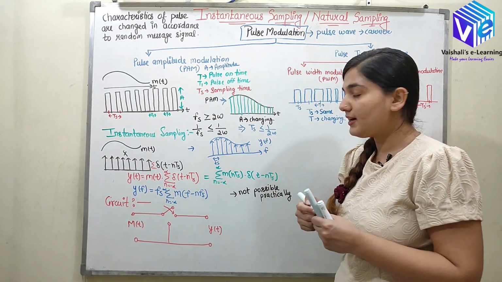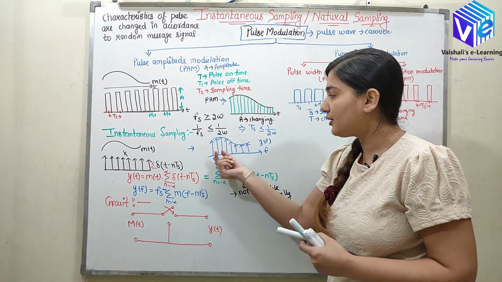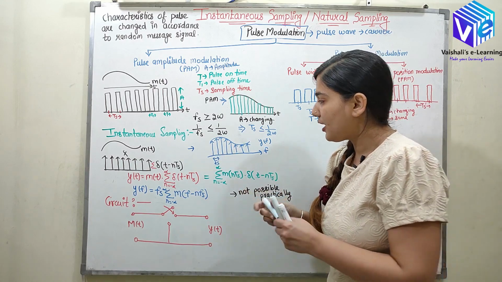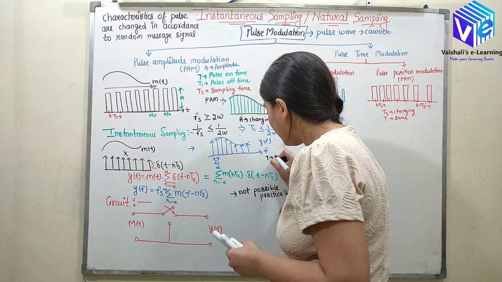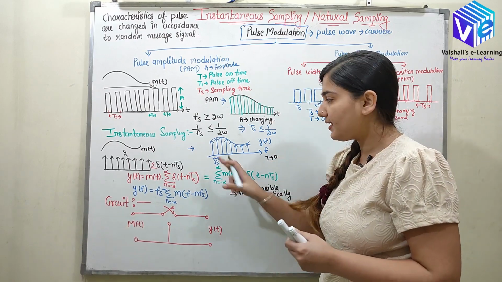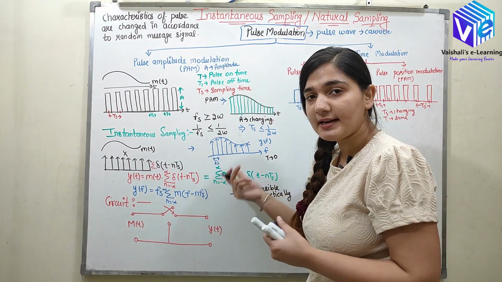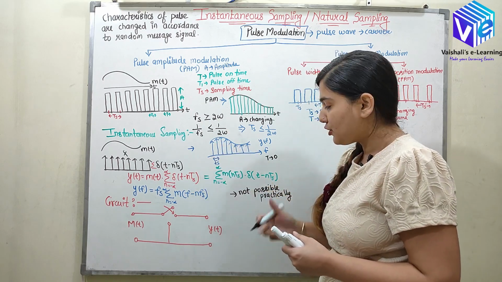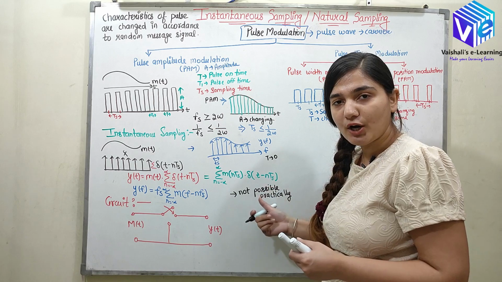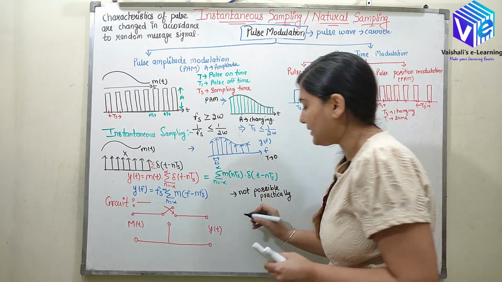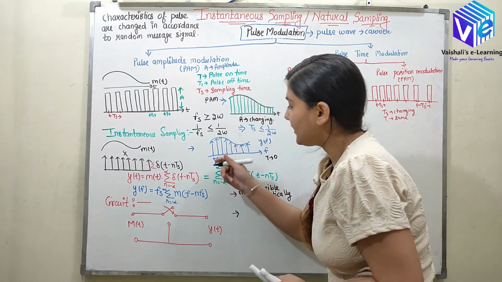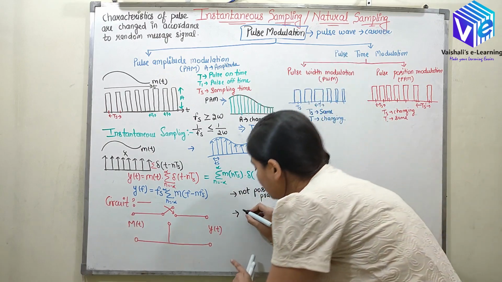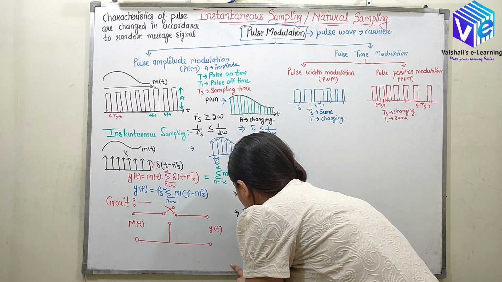From here you can see the duration of this impulse is tending to 0. So now t is tending to 0 here. You can see directly the width is tending to 0, then only the pulse will become the impulse. Because of this it is not possible to generate practically, and because it has 0 width the noise can interfere more, so noise interference would be very high.